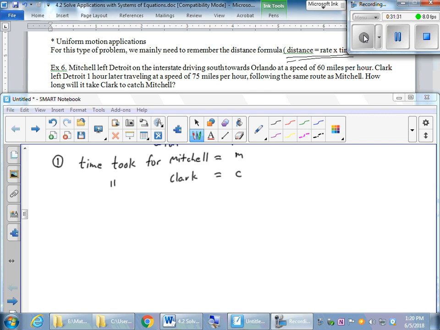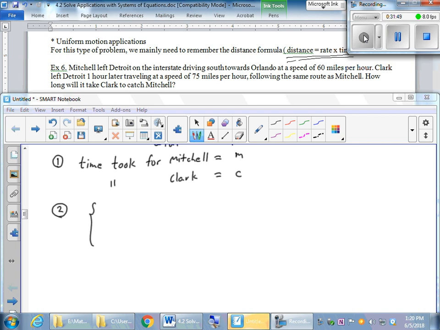So continuing, set up the equations, right? Step two, and we know that Clark has to catch up to Michelle, so the distance that they drive will be the same at a certain point.